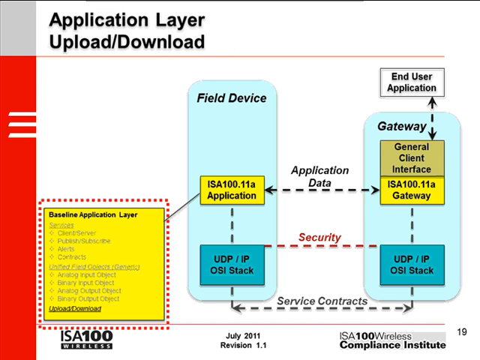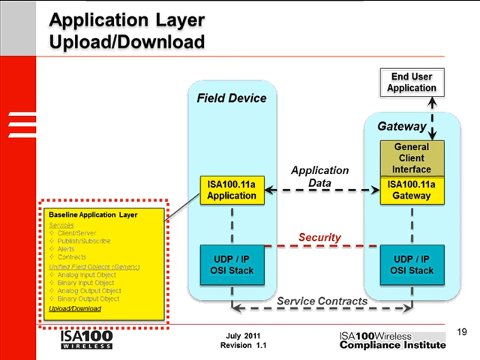The next thing shown is the upload-download object. The upload-download object supports transmission of large blocks of data, kilobytes or even megabytes long. It has two major purposes. Every ISA100 device can receive stack downloads through the upload-download object.